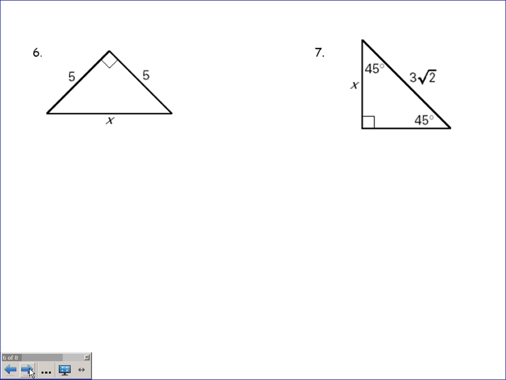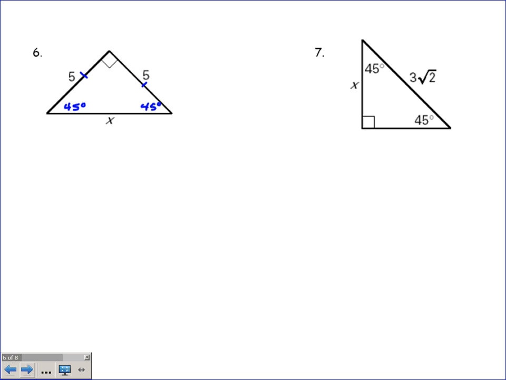Number 6. Is this a 45, 45, 90 triangle? How do you know? Okay, because these two side lengths are the same. That means that these two angles are going to be the same, and we could figure this out using the triangle sum theorem, that those two would be 45 degrees.